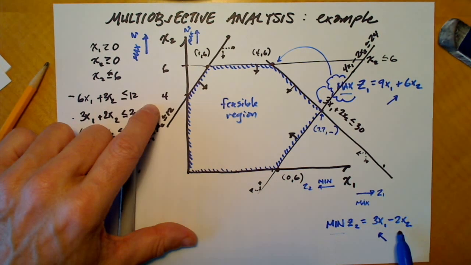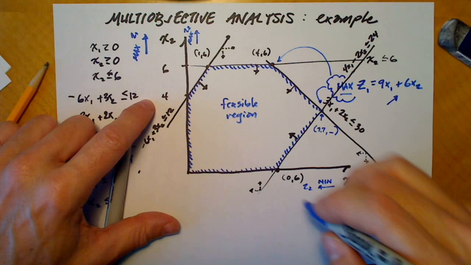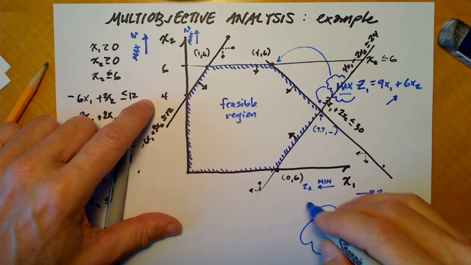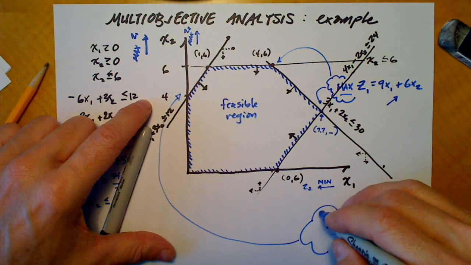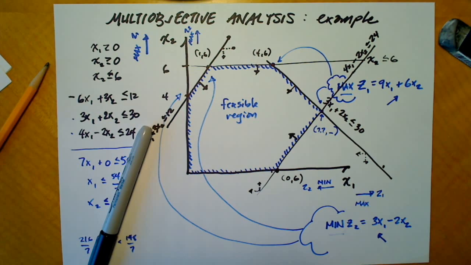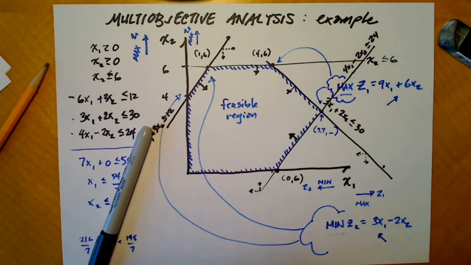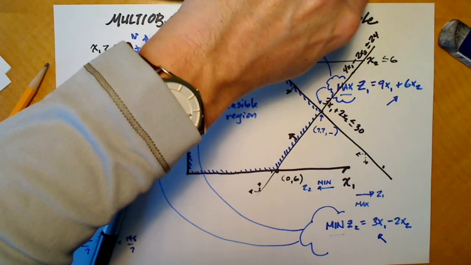But for min Z2, up and to the left, now we're thinking we have to compare this point and that point. Let's take a look. I think we can work these out on an index card.